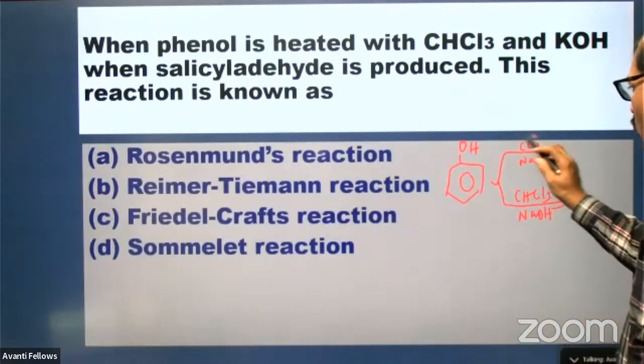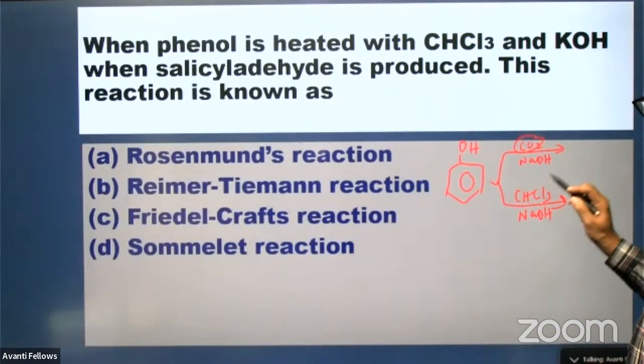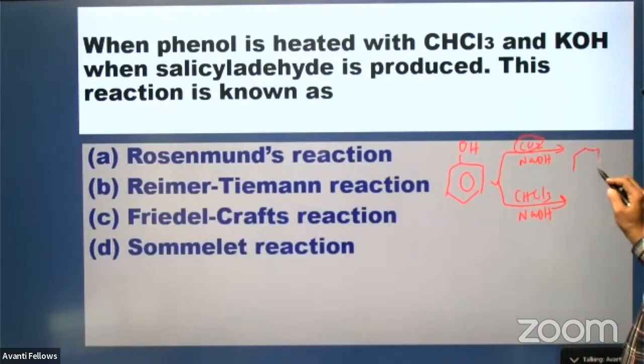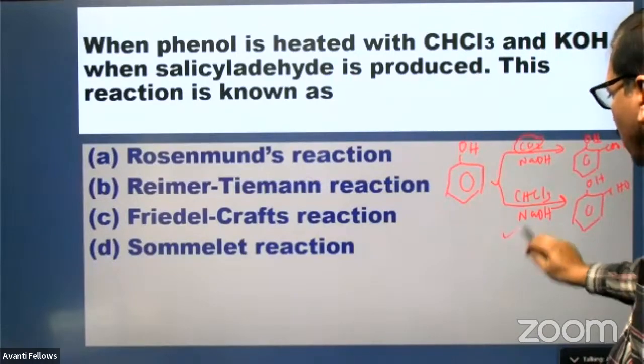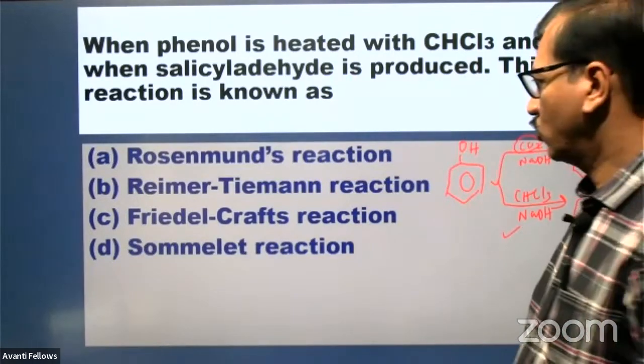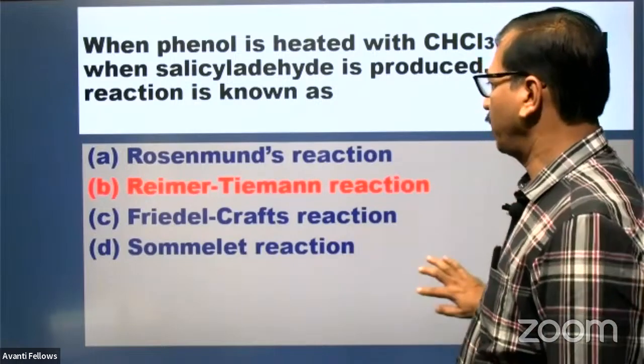So CO2 and NaOH, Kolbe reaction, salicylic acid. CHCl3 and NaOH, salicylaldehyde, right? Salicylic acid, OH, COOH, right? And salicylaldehyde, OH, CHO. So salicylaldehyde is being asked. This is the Reimer-Tiemann reaction. So option B is the right answer. So good. Keep it up.